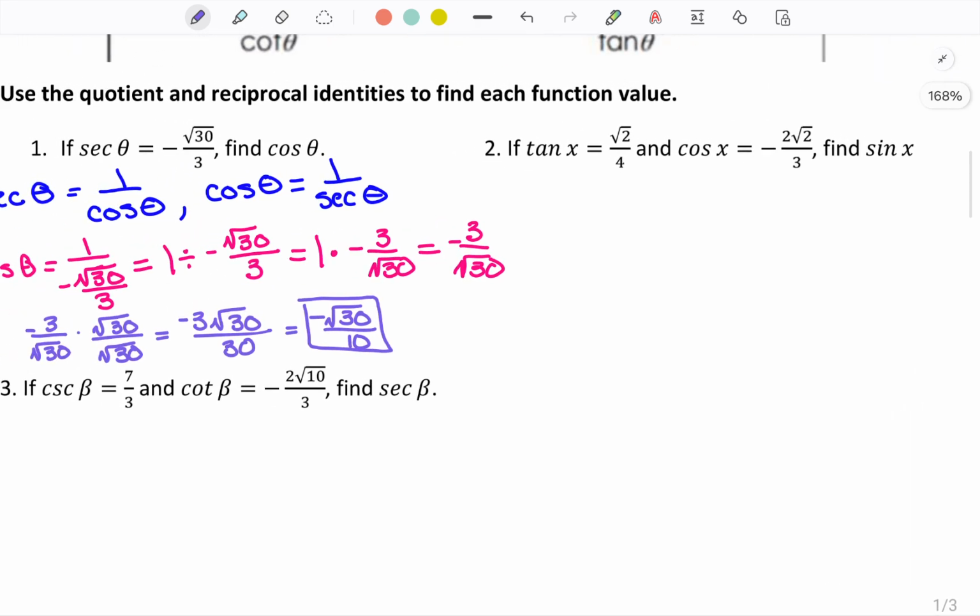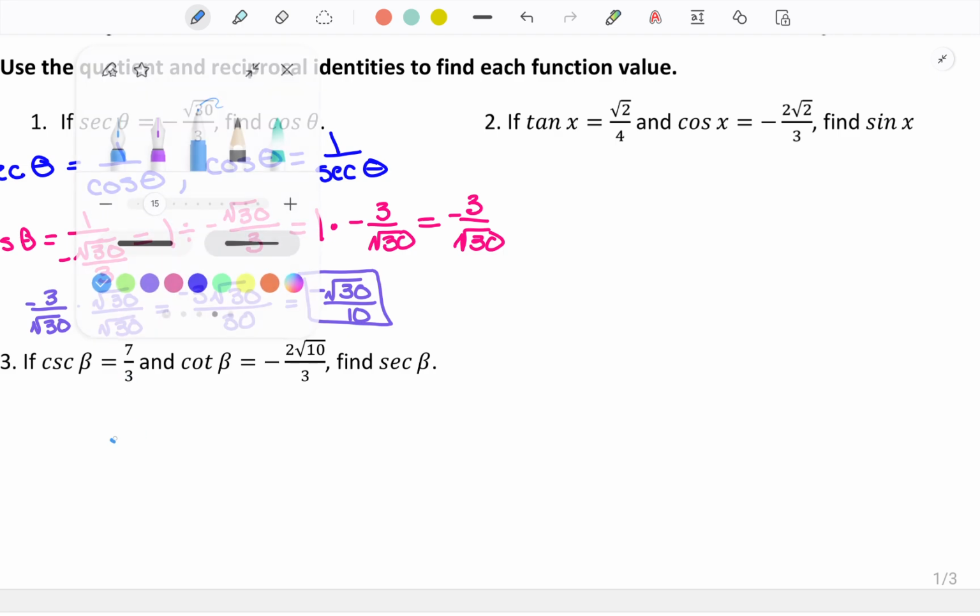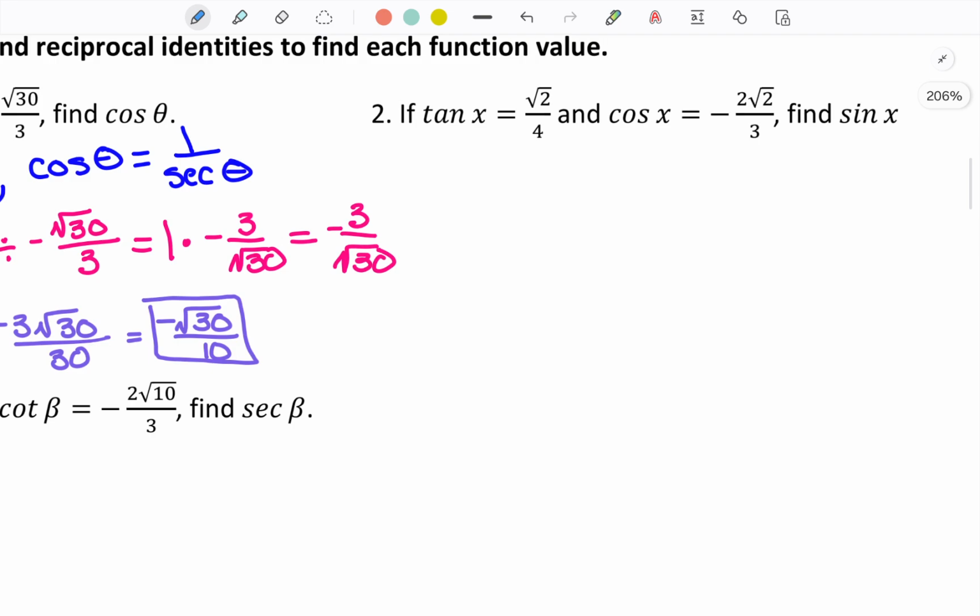So for number 2, we are given that tan x equals the square root of 2 over 4 and cosine x equals the negative 2 square roots of 2 over 3, then we need to find sine x. So what we are going to use for this is that quotient identity of tan x equals sine x over cosine x.